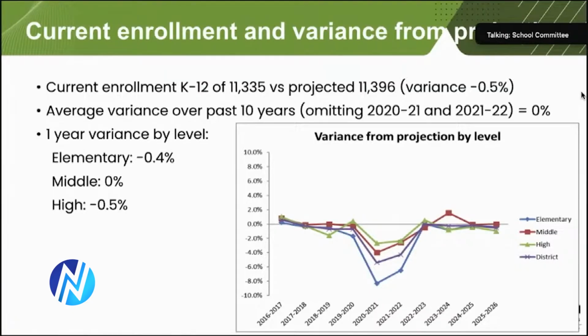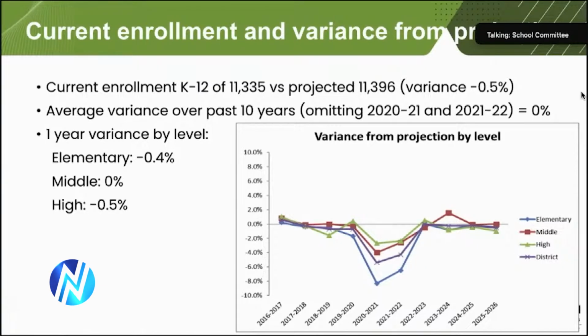Looking at our average variance over the past 10 years, omitting 2020 to 2021 and 21 to 22, which had impacts from COVID, our average variance at the district level has been 0%, meaning that our projections at the district level have been basically equivalent to the enrollment that we saw, with some slight fluctuations. This is looking at 1-year projections, so what we projected in the prior year and then what happened the next year.